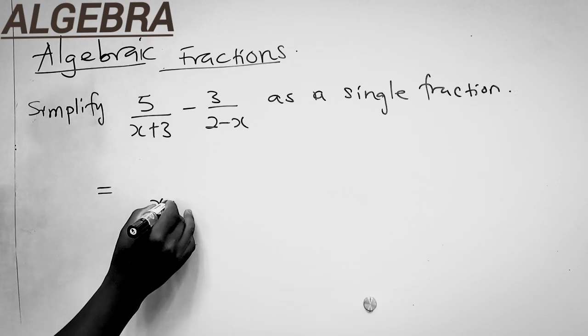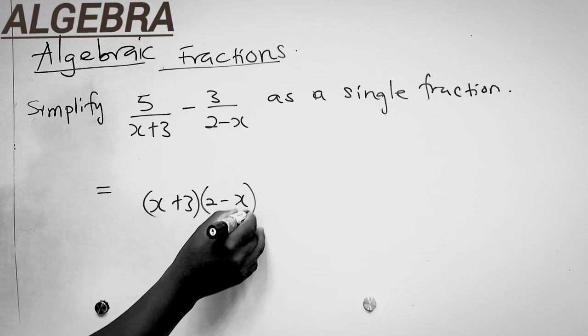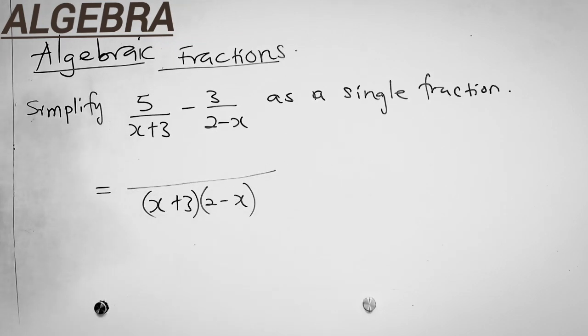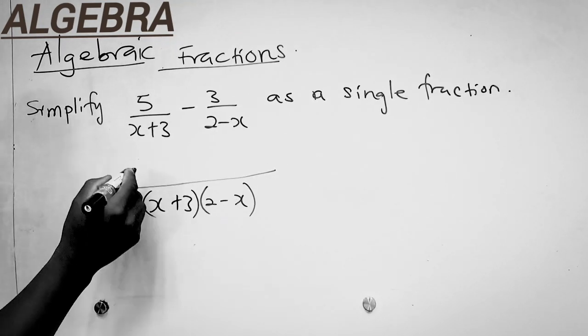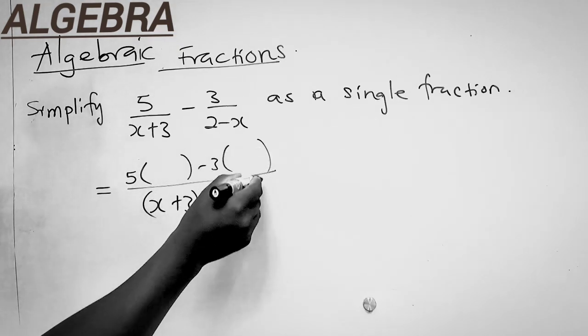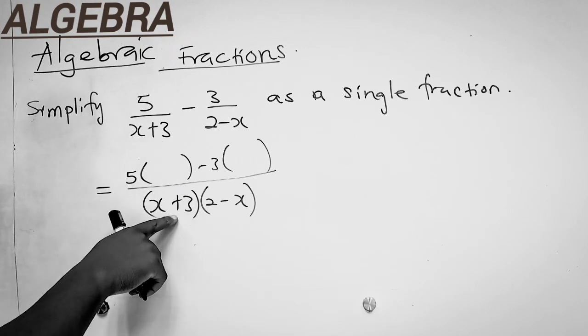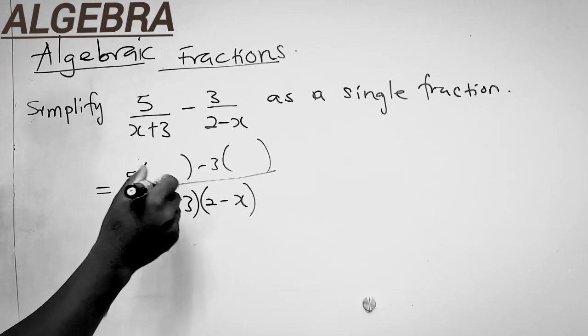So take x plus 3, 2 minus x as our common denominator. Then we take 5, open bracket, minus 3, open bracket. Then we say x plus 3 into this one. x plus 3 and x plus 3 cancels, and we're left with 2 minus x.